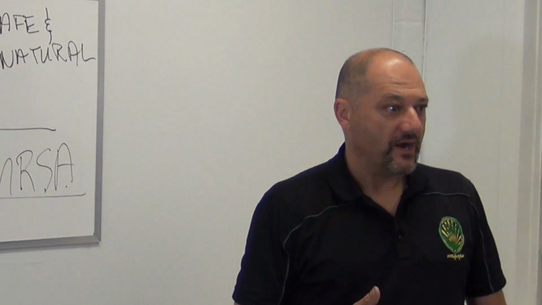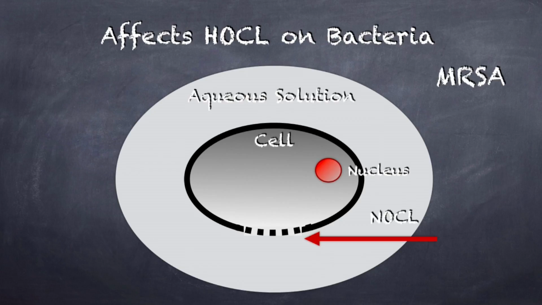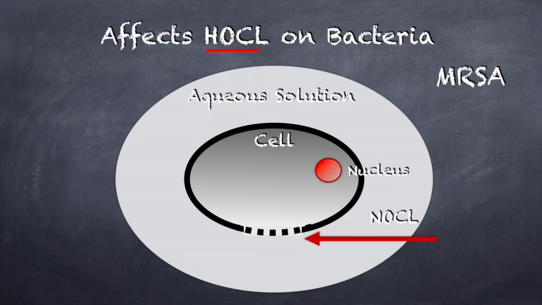You find that in a lot of hospitals, and they say that it's due to the overuse of antibiotics. The problem is a lot of the cleaning solutions, such as hypochlorite, do not fully kill this. What it does is kill a bunch of it, but then this develops a resistant strain to that. When hypochlorous acid is used, it cannot, will not, and does not develop a resistant strain.